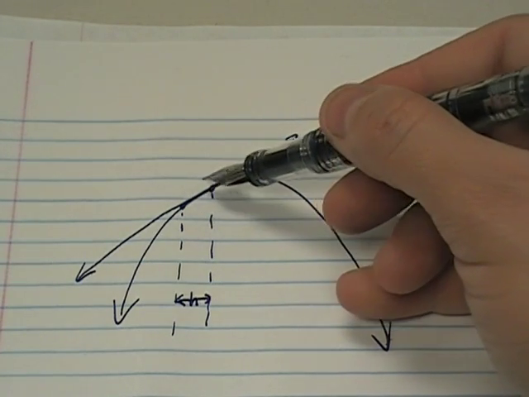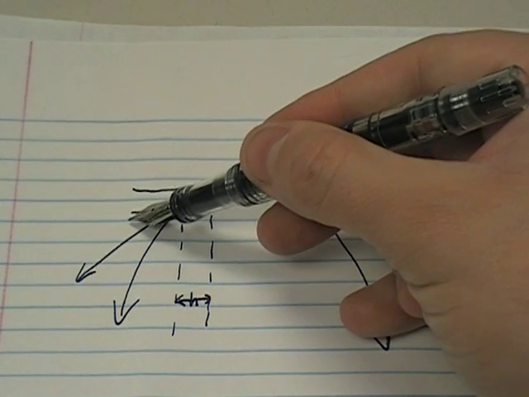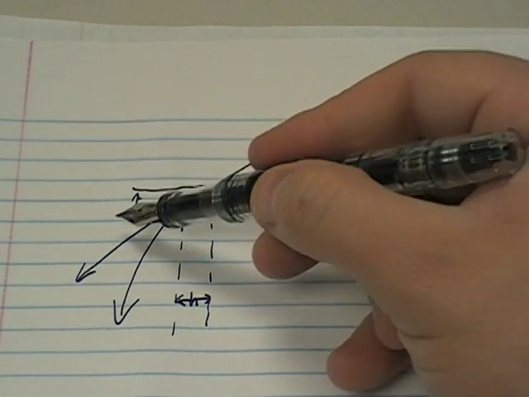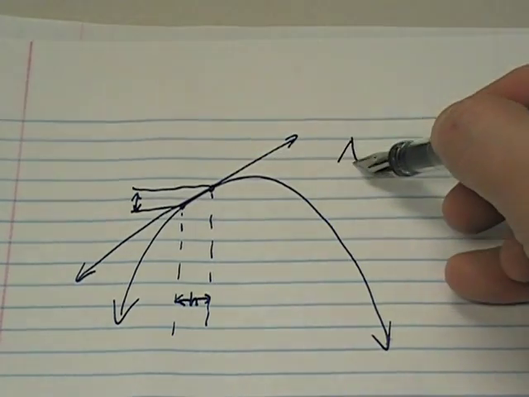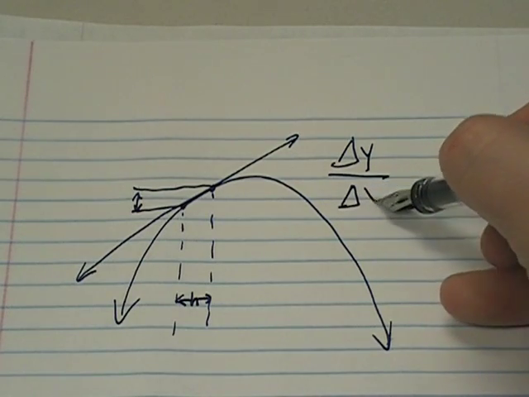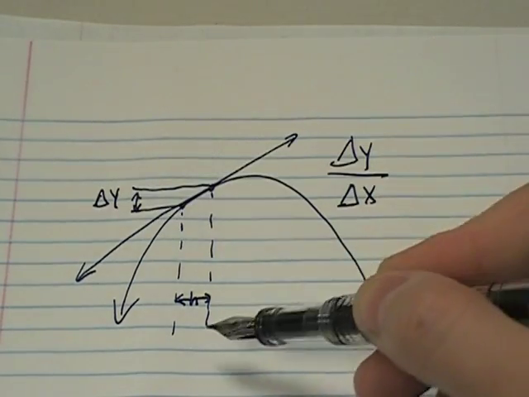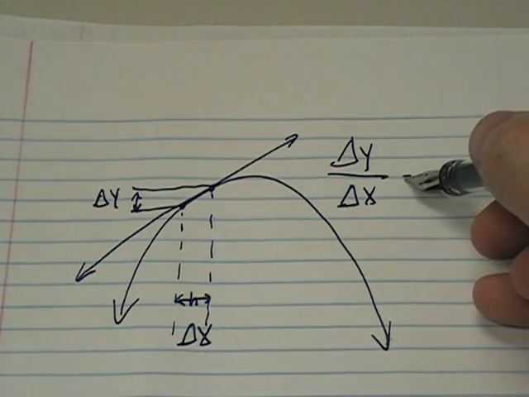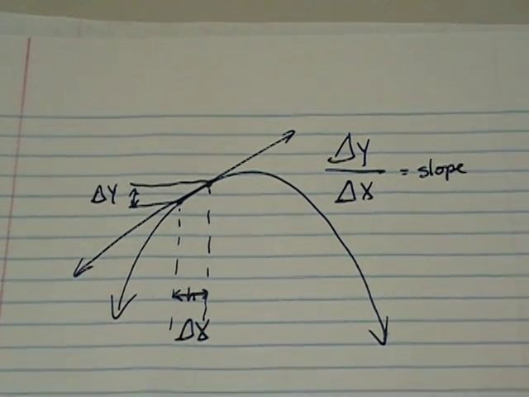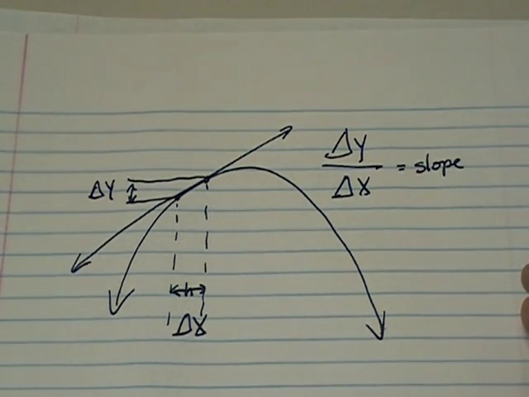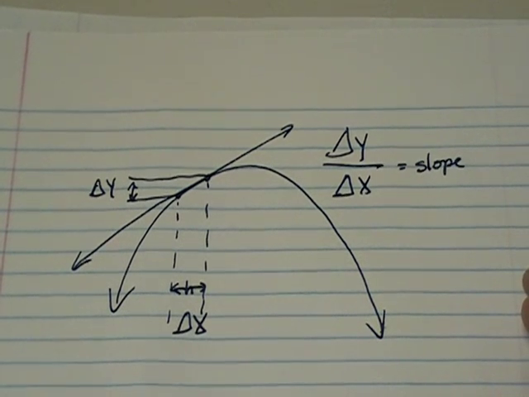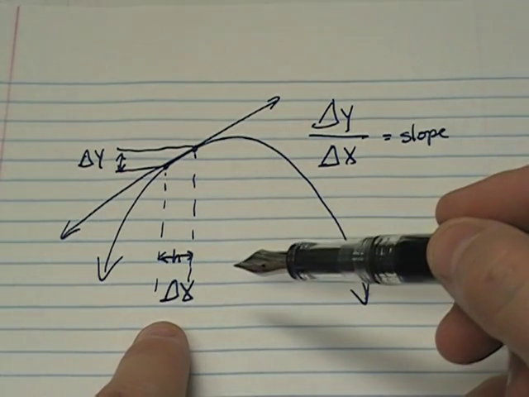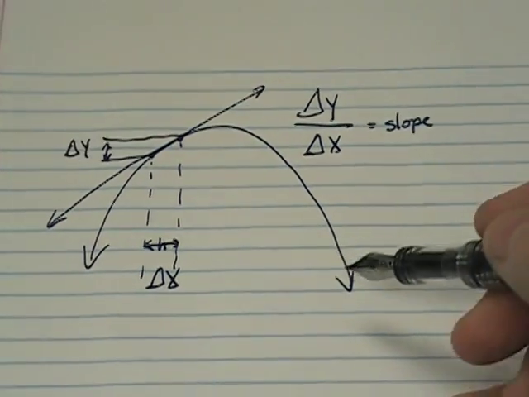If I find the difference in y values, and I know the difference in x values is h, and I put the change in y over the change in x, what do I find? I find slope. Well, basically, this is the same thing we do for a difference quotient. However, we make the delta x, the change in x, which we call h, get smaller and smaller. And this is the concept of a difference quotient.